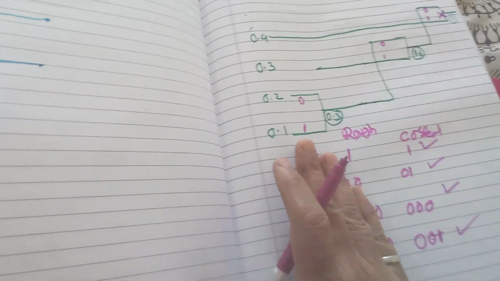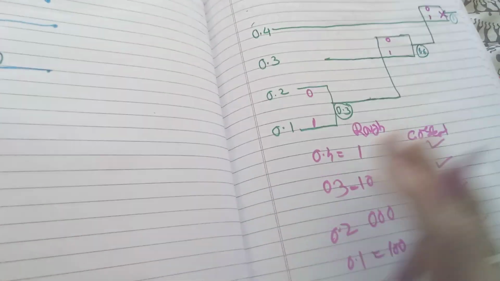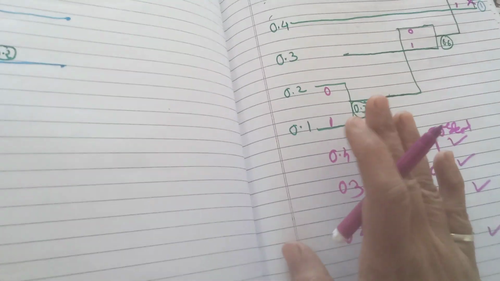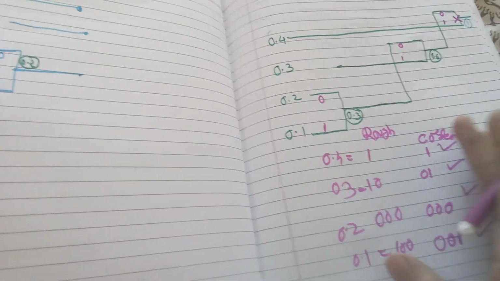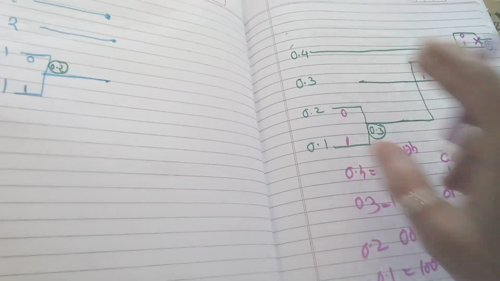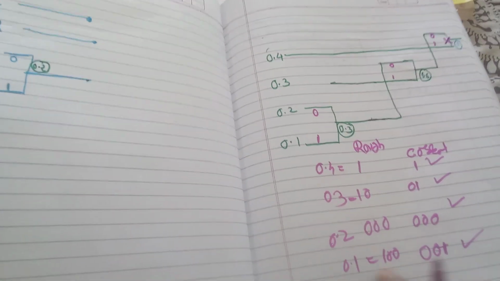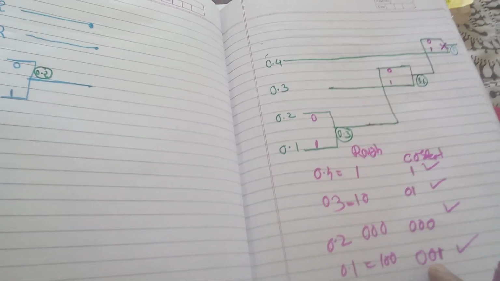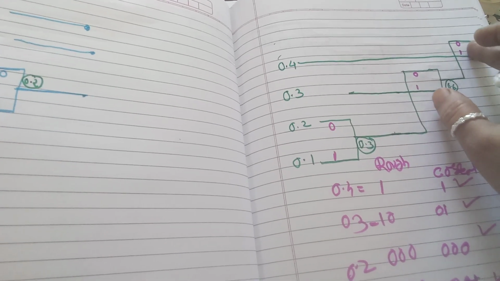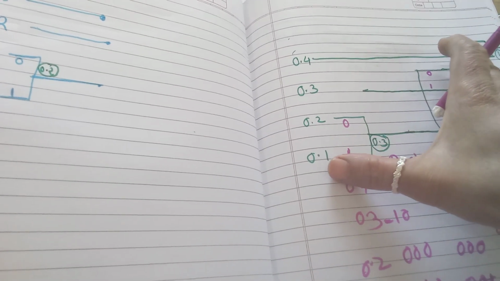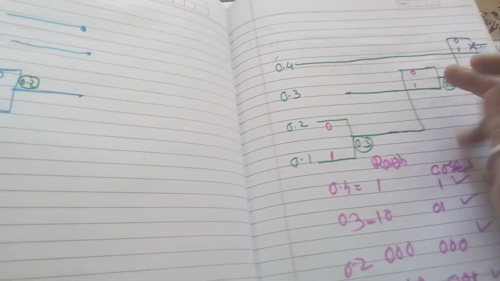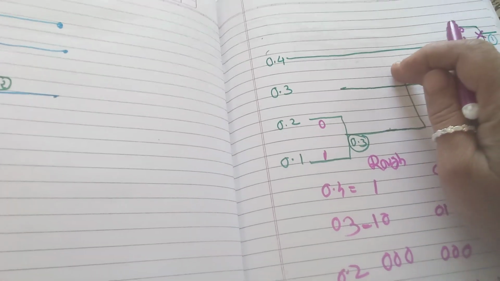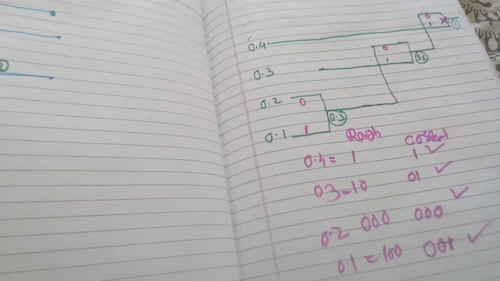This is also correct, but in books they follow a different convention, because Huffman code is not unique. If you are a programmer, you can publish it as your code also, but in Huffman they said you have to go like this. For example, for 0.1, see how complex it is. You have to put 2 points here and there, then only you will come up to 1, so 0 then 0 then 1.